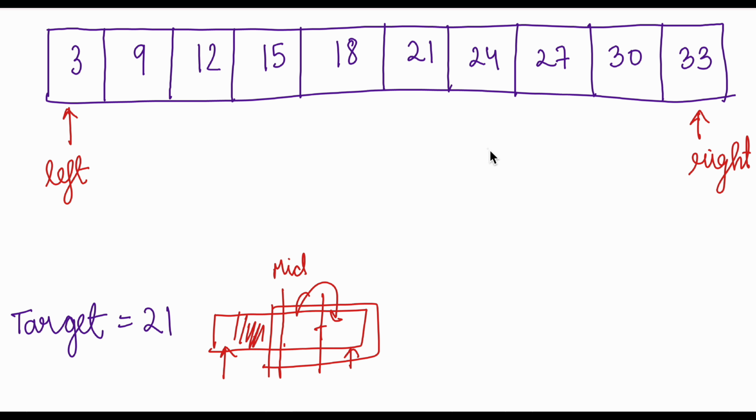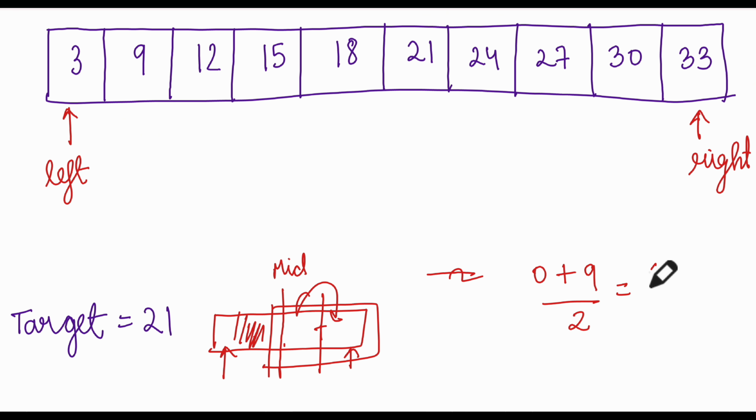Now for every scenario of left and right, I need to create a midpoint. How we get that particular midpoint is the interesting part. For example, this is 0, this is 9 here, so I need the center of this. Because this is a list of 10 elements, I will take (0 plus 9) by 2.